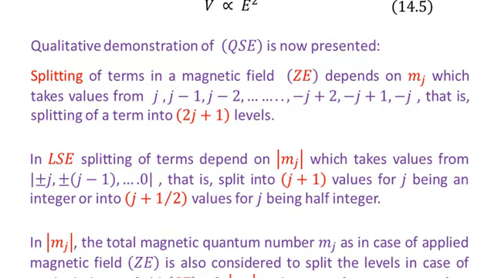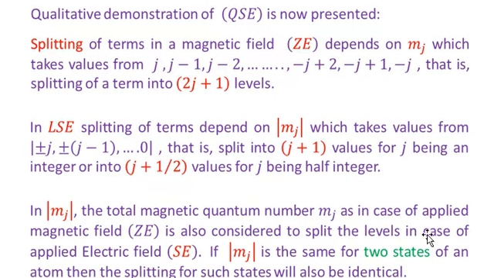But in the case of the Stark effect, the splitting will depend not upon the value of mj as in the Zeeman effect, but on the magnitude of mj. That is, the positive mj value and negative mj value having the same magnitude will represent a single sublevel. So in the linear Stark effect, splitting of terms depends on the mod of mj.